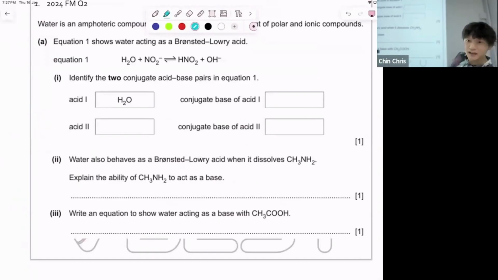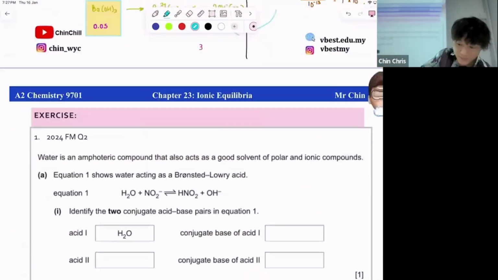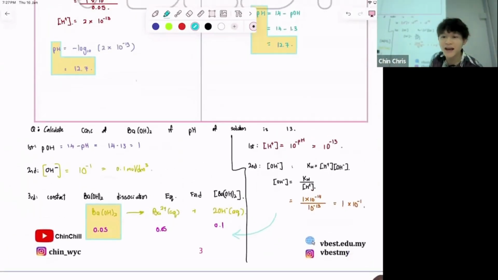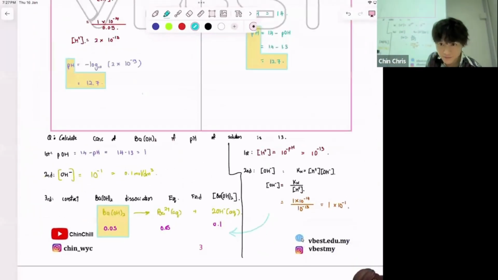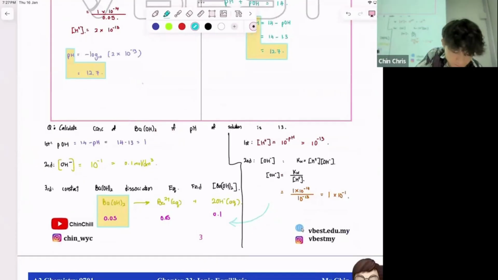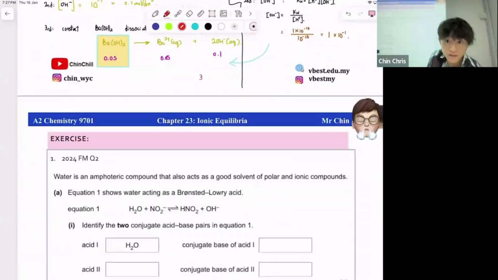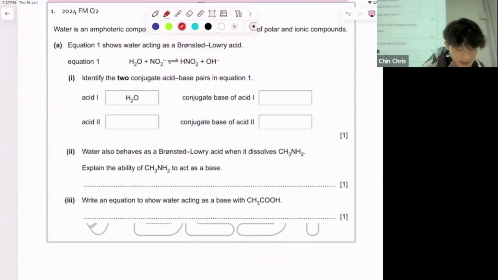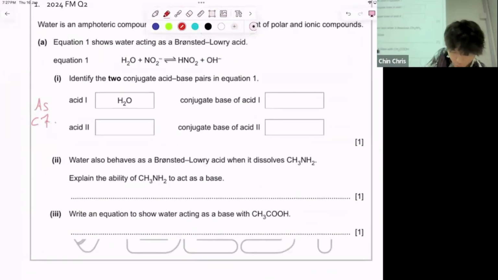Let me see the question first. This is AS. Let me screenshot. Why screenshot? Go faster. Done. This question is AS chapter 7, conjugate base. This one is A2 chapter 30, nitrogen containing compound, which we did on Friday.